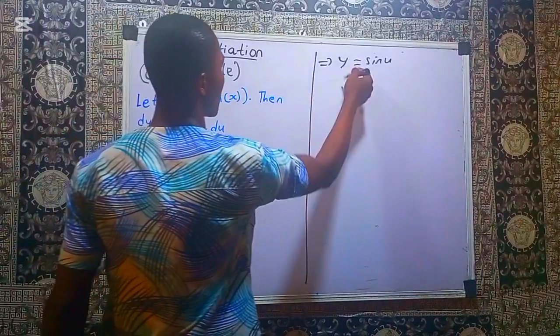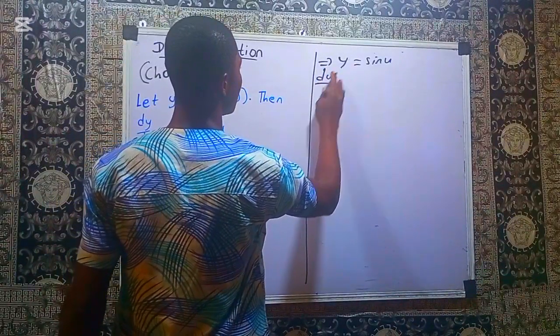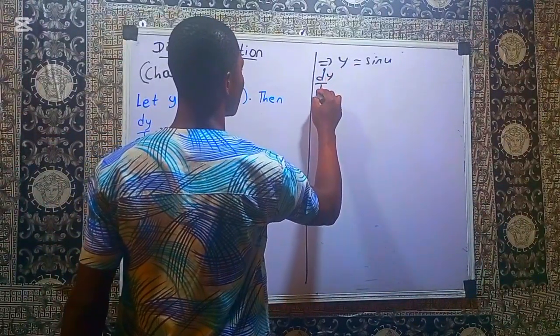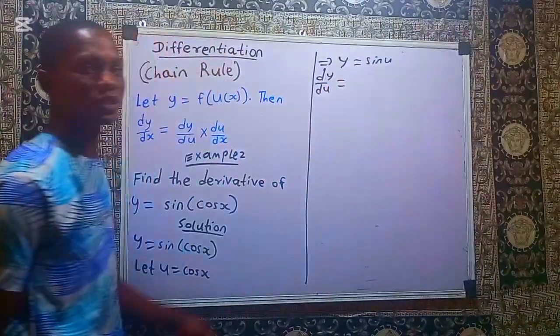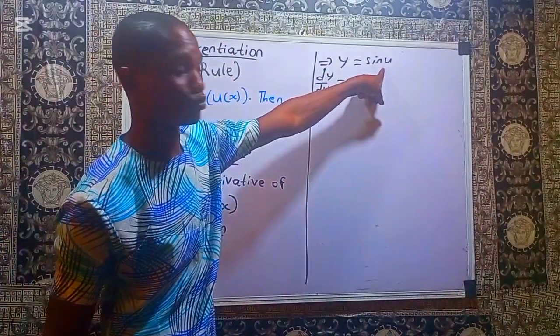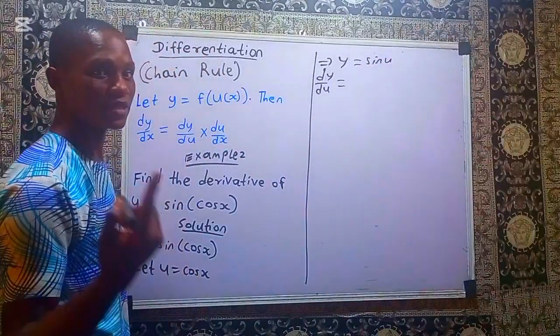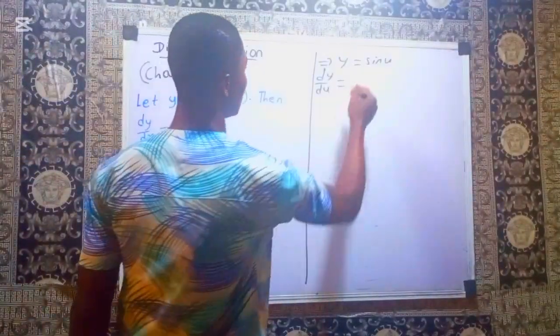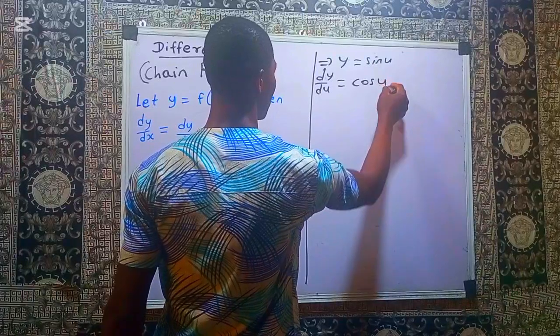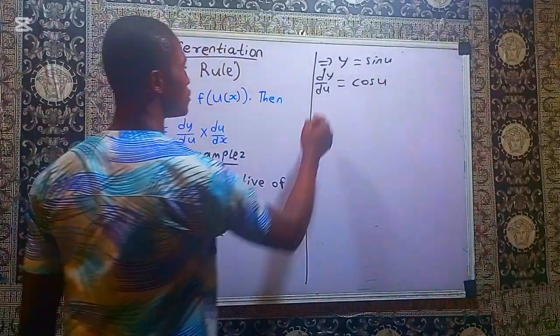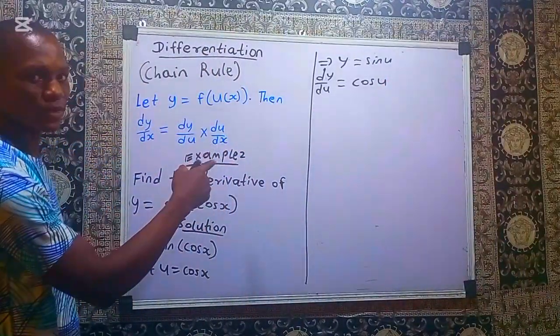So this is our y. Then the derivative of y with respect to u will be equal to, we differentiate y with respect to u. If you differentiate sine, you get what? Cosine. So this will be positive cosine of u.